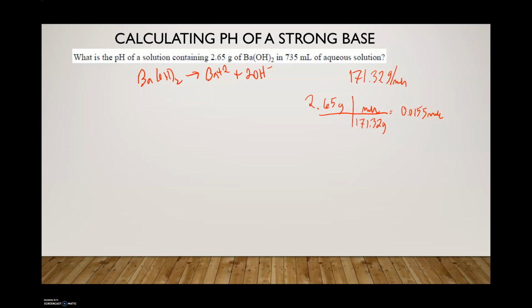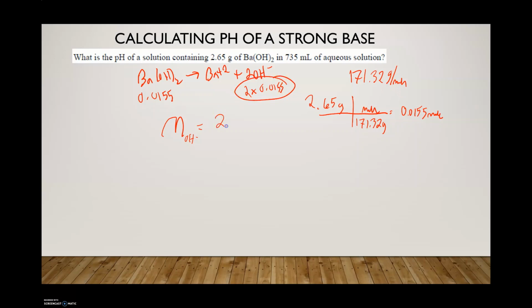That's how many moles of barium hydroxide we have. To figure out how many moles of hydroxide we have, you do 2 times 0.0155. That leads us to the molarity, not of the barium hydroxide, but of the hydroxide. We just need the molarity of the hydroxide.